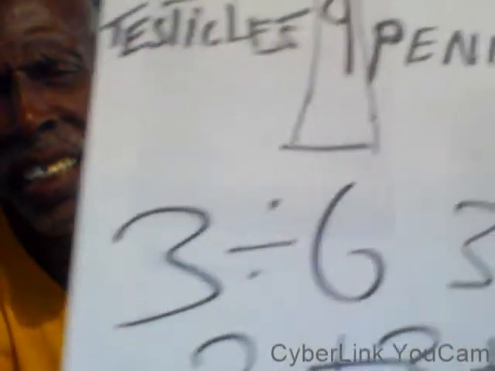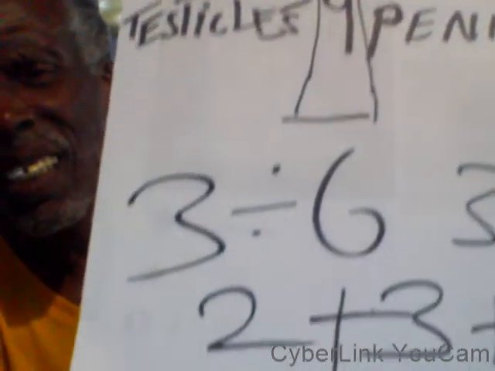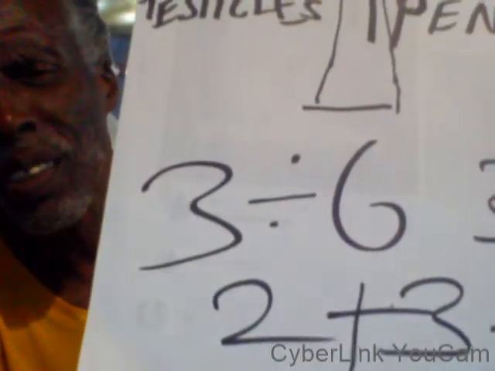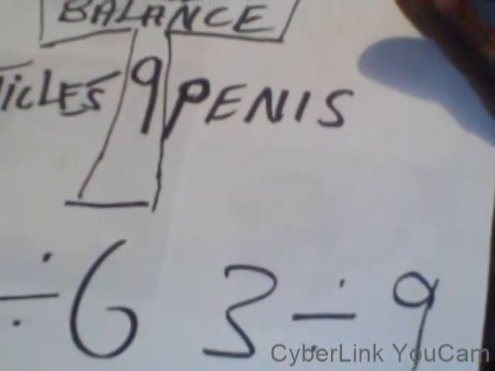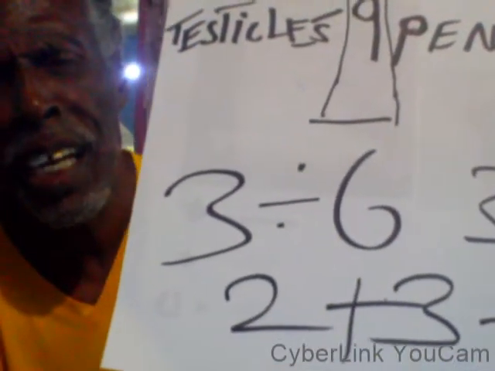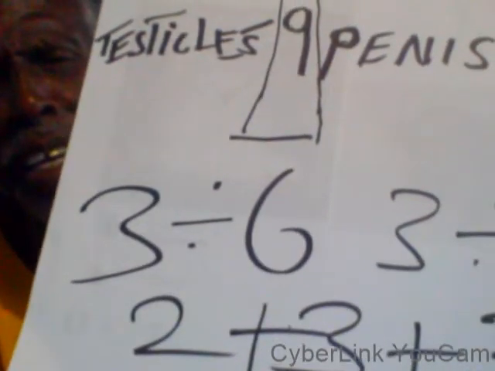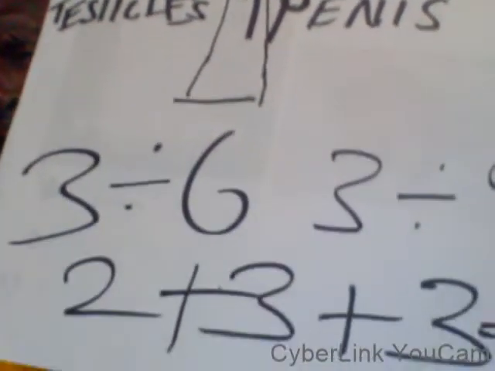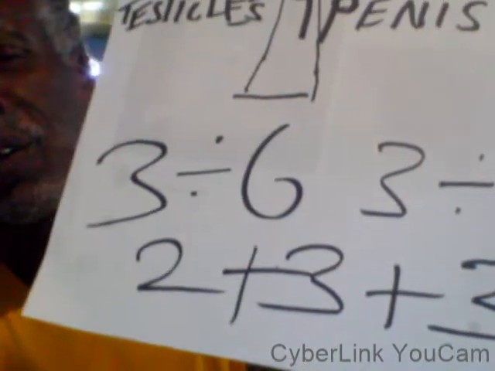Three into 6 is equal to 2, 3 into 9 is equal to 3. You put it underneath. 2 from the 3 into 6 plus 3 from the 3 into 9 plus 3, which is a dominant number, will give you 8.